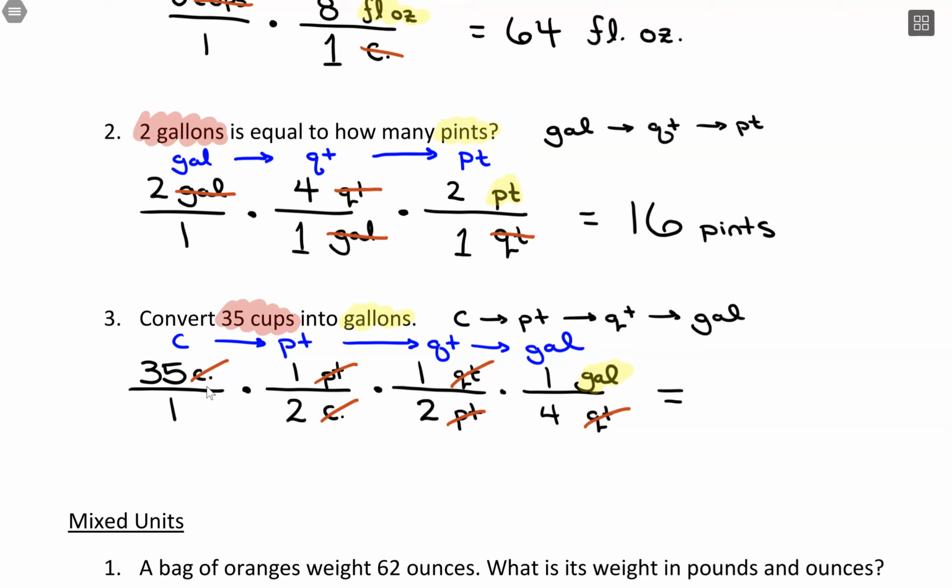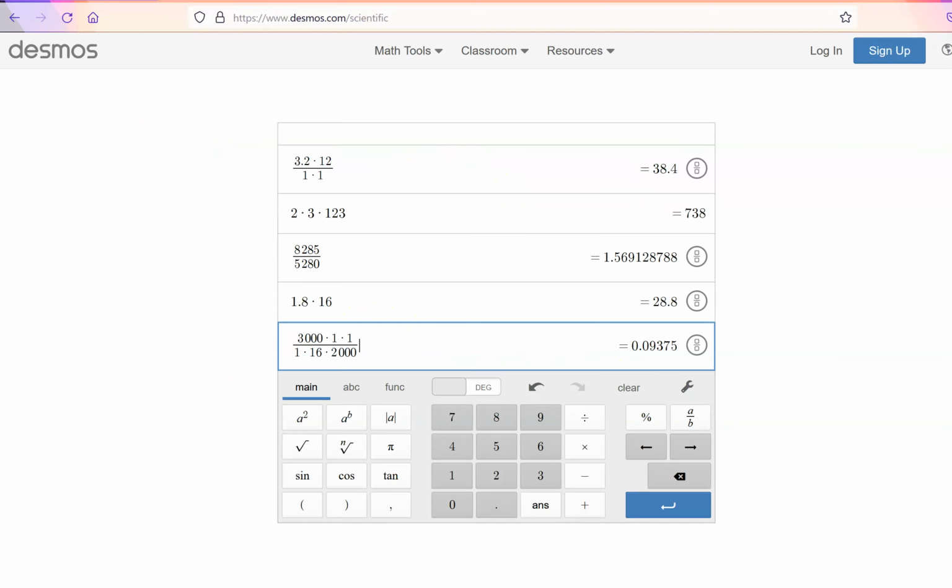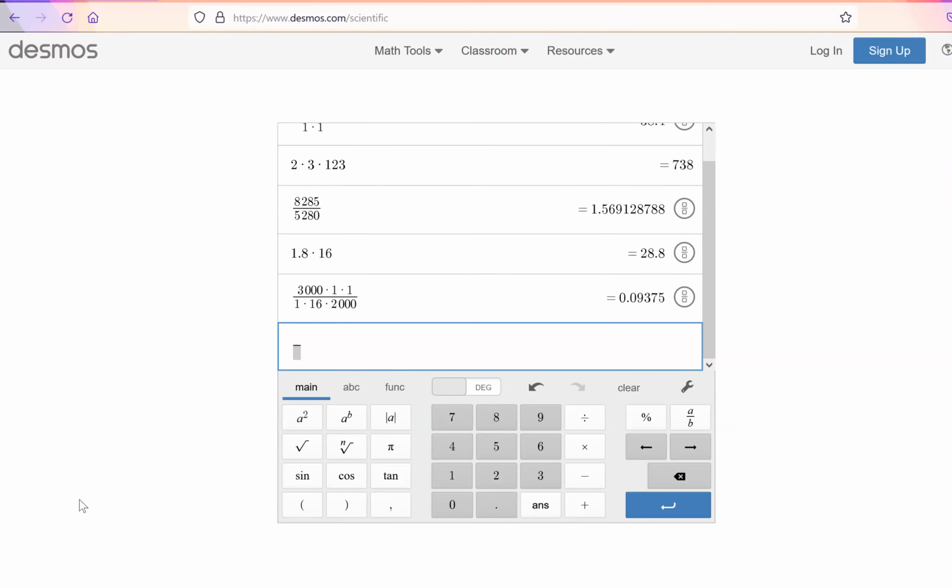I'm going to use the calculator to help me out here. In the numerator, we have 35 times 1 times 1 times 1, so really just 35 in the numerator, and then the denominator, a 2 times 2 times 4. So with that, we're going to have 35 over 2 times 2 times 4, and that'll be 2.1875.